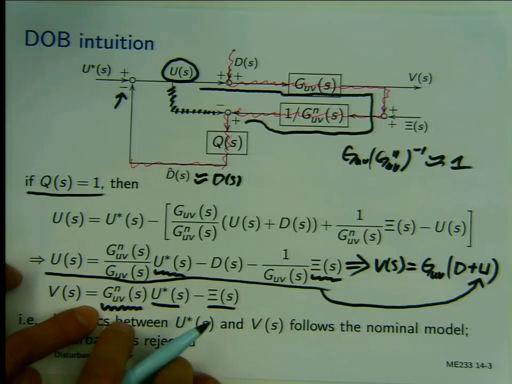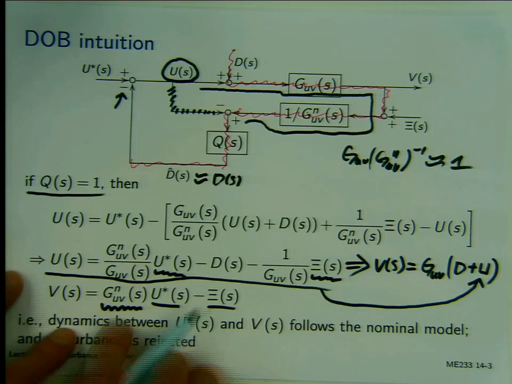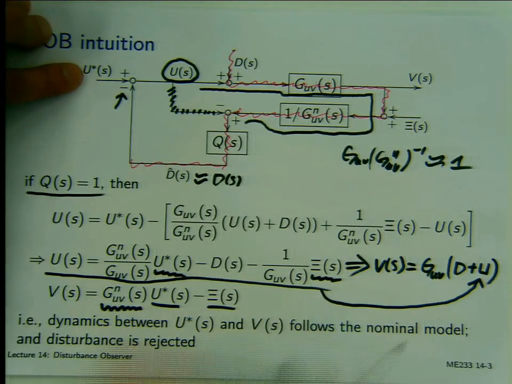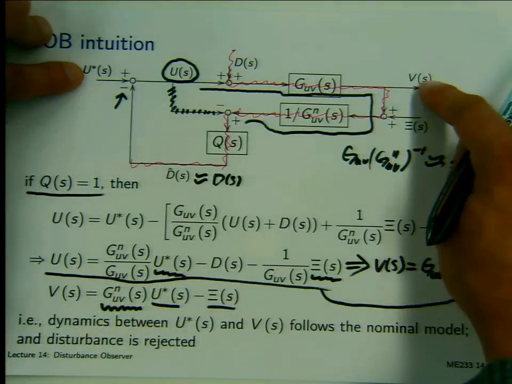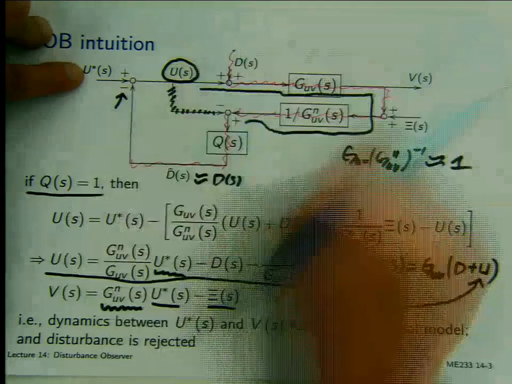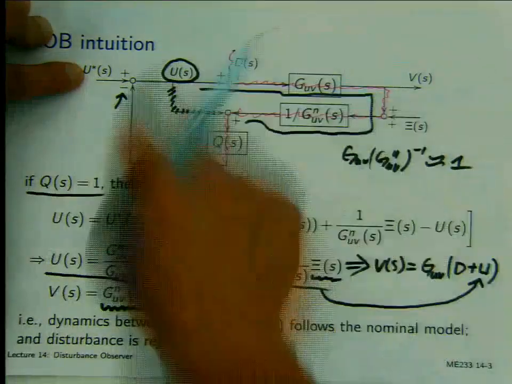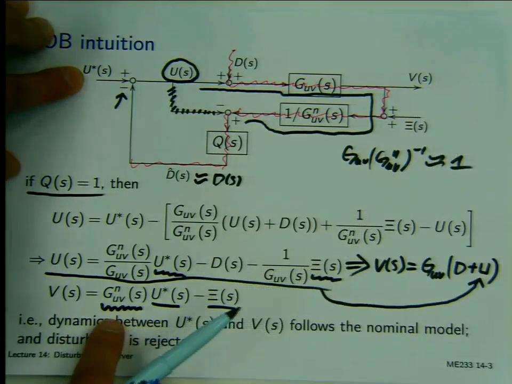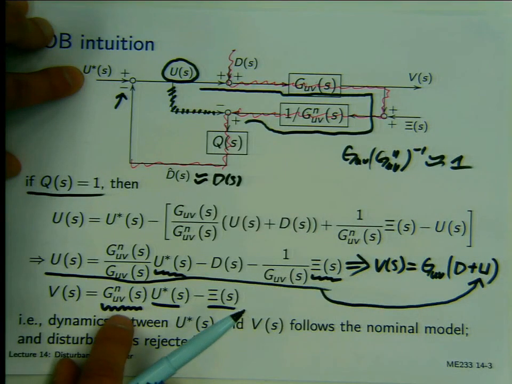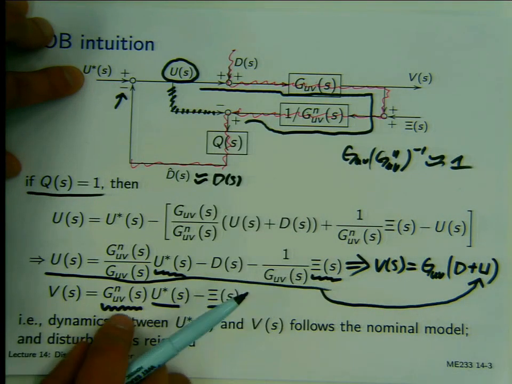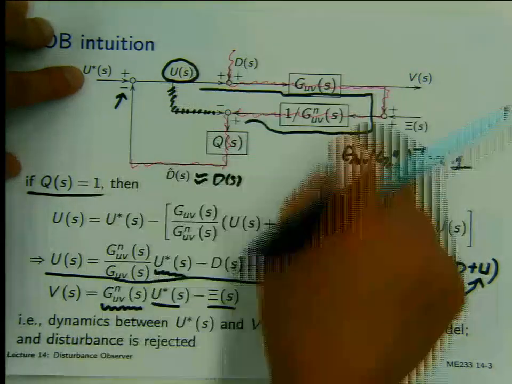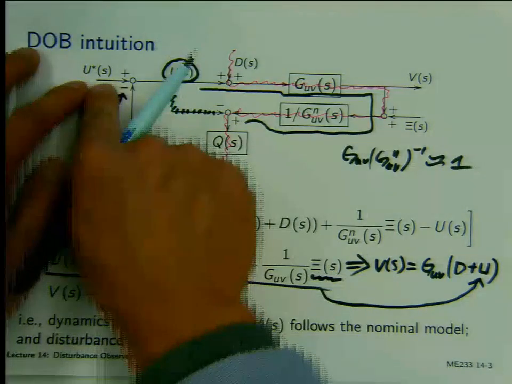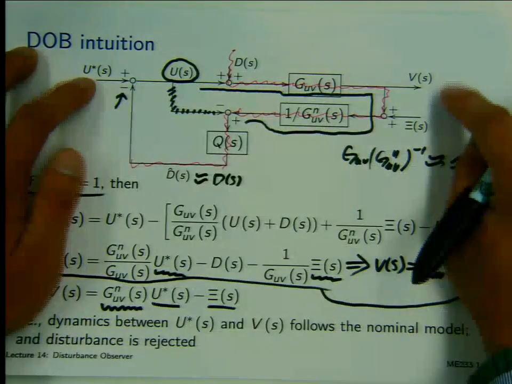Now this is actually very, very interesting. It says the dynamics between U star and V, okay, this block diagram might be a little bit involved, but this dynamics itself, U star to V, you see, is very simple. It's the nominal model of the plant. Somehow by this complex design, we have achieved this dynamics being just the nominal model.